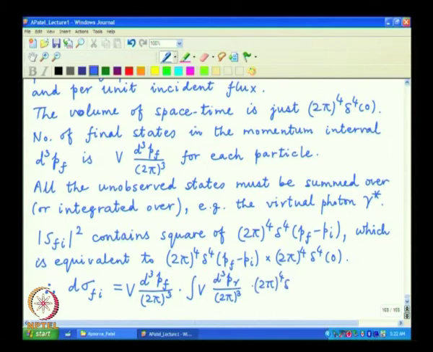So, one delta function remains, and the second delta function we divided out in trying to calculate cross section per unit volume. So, that is this part, and then the other normalization factors.